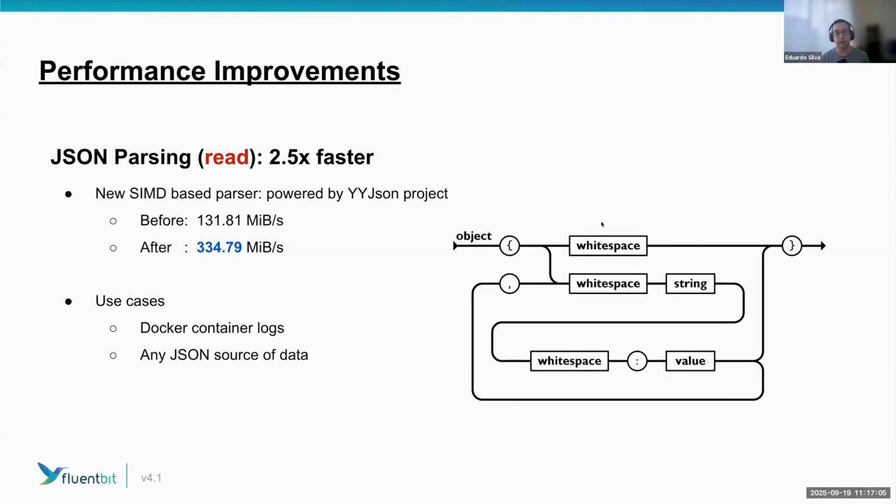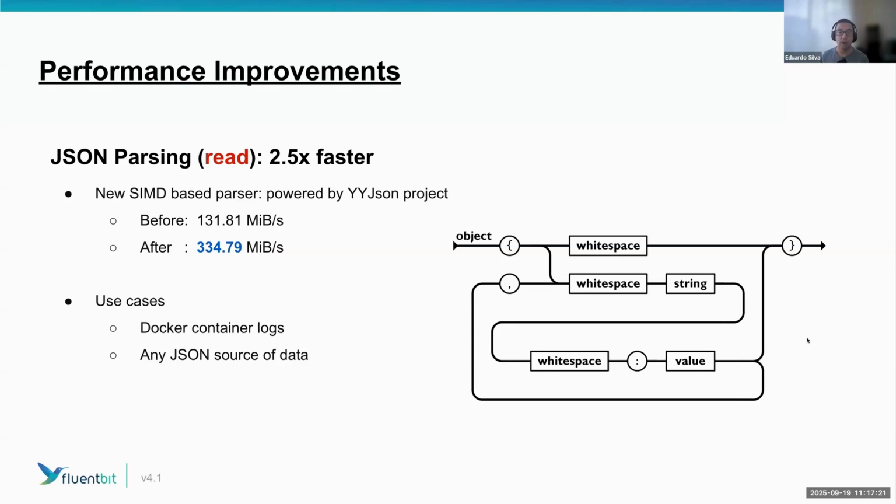Okay, so what is new for that one? The JSON parsing, which is now the opposite of what I just described, JSON writing, got 2.5 times faster. That's insane, and it's a lot.